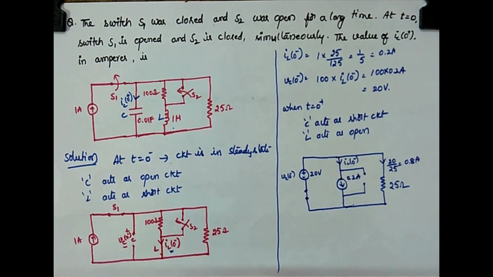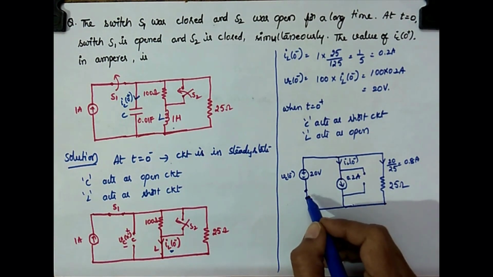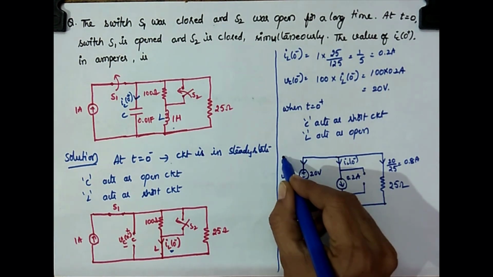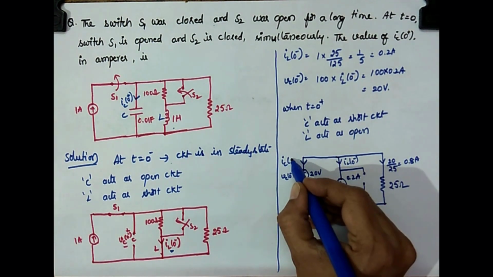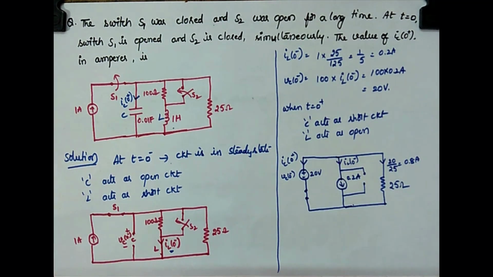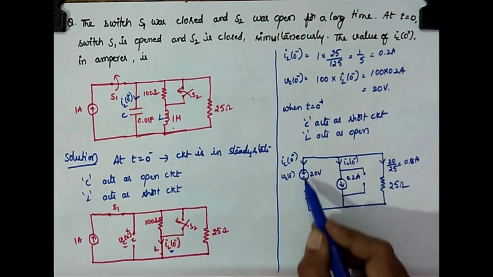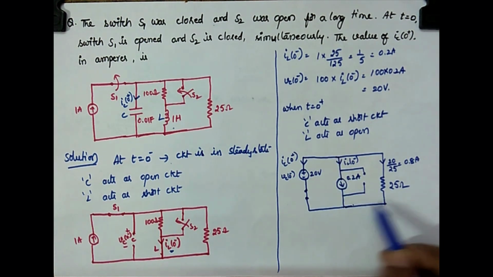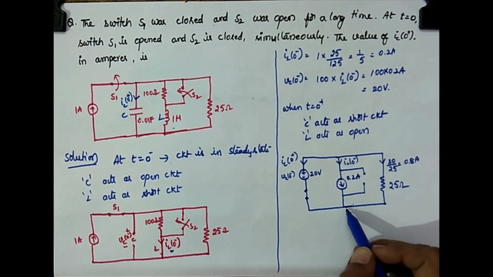As this is a short-circuited capacitor, call the current through it IC(0+). From this side you get IC(0+), from this side 0.2 amperes, and from this side 0.8 amperes are coming.